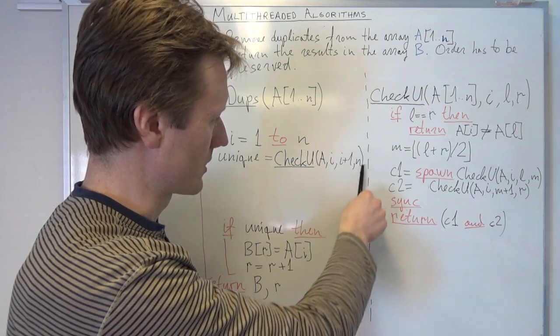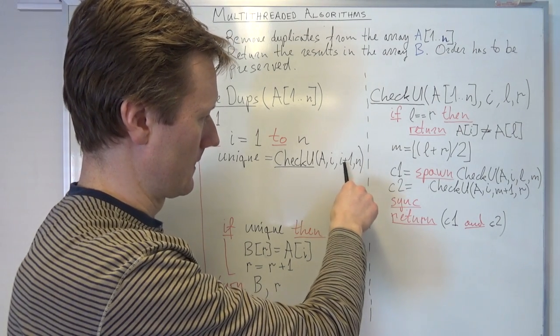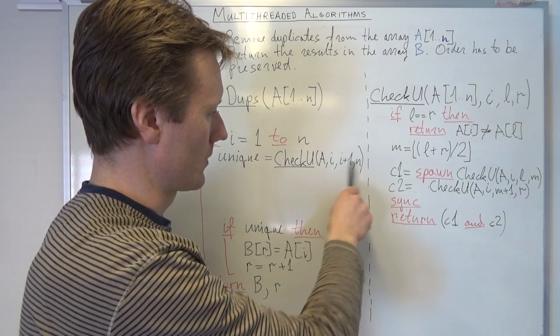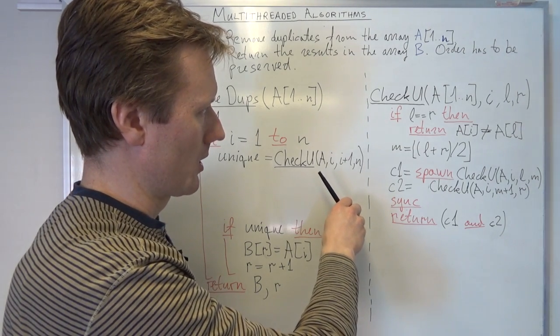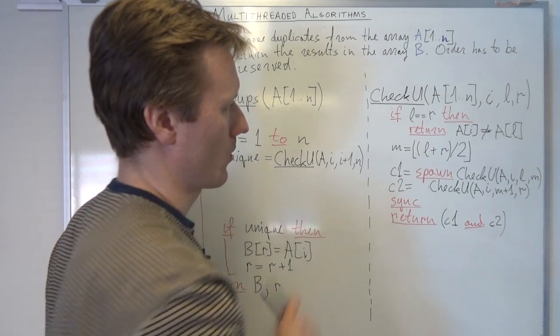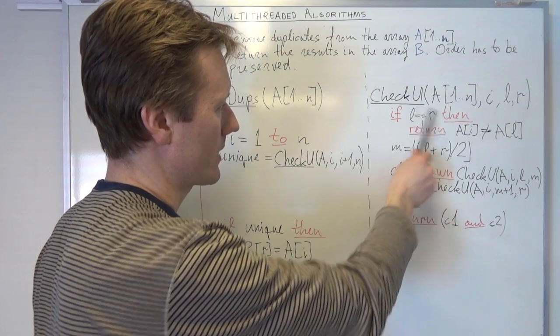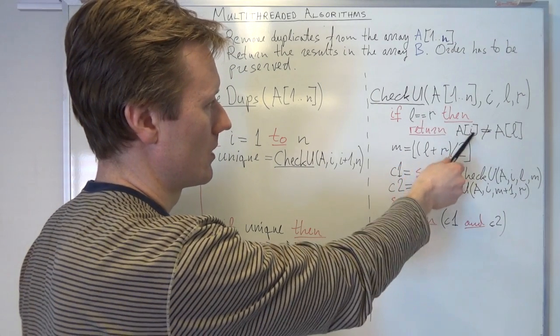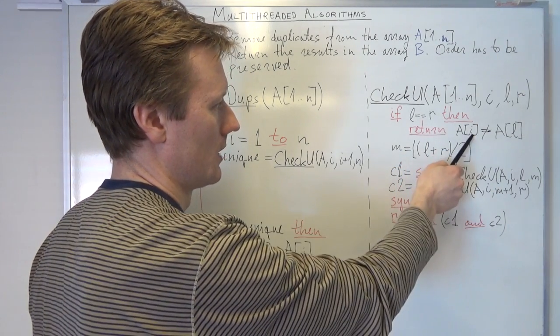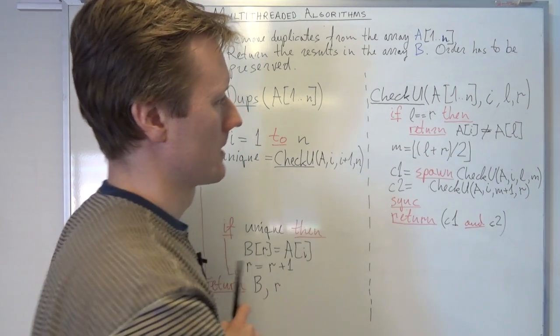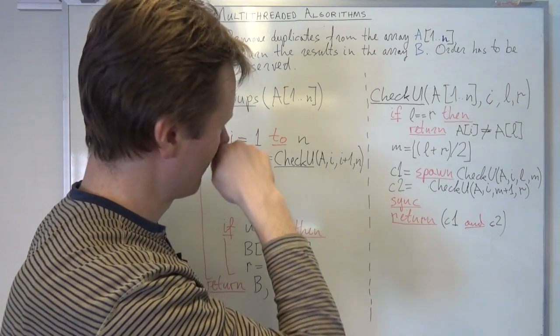As you notice, I added these two parameters to the function to give the range that specifies the subproblem we are working on. If we are looking at one element, we return true only if A[I] is not equal to that element. Otherwise, we return false.